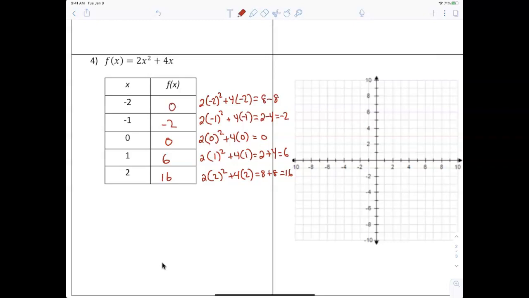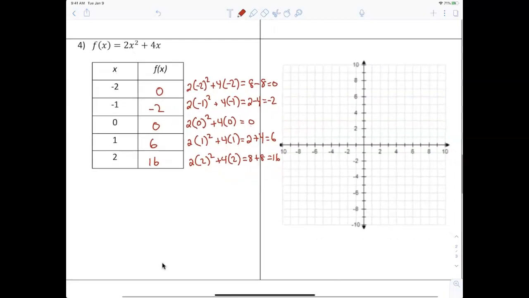So again, we're just going to plot the points and see what happens. If I plot the points, I get (-2, 0), (-1, -2), (0, 0), (1, 6). I really don't have space for 16, but I do see the outline of the graph. Look at that. Here would be considered the outline of the graph.